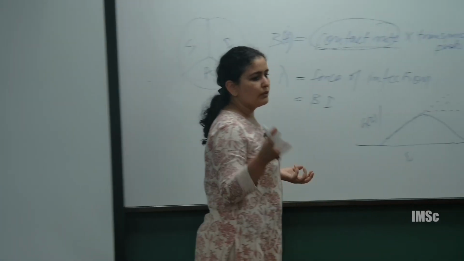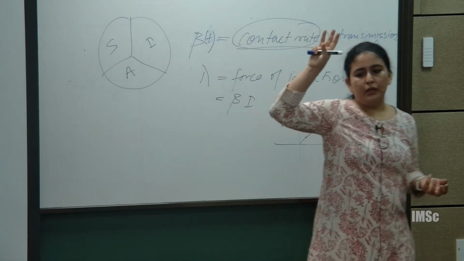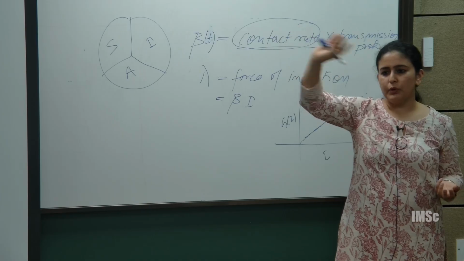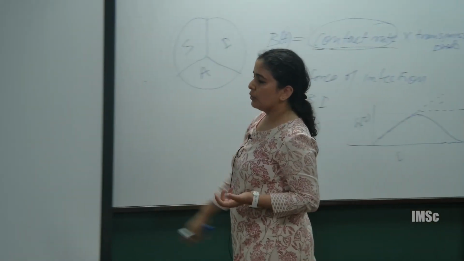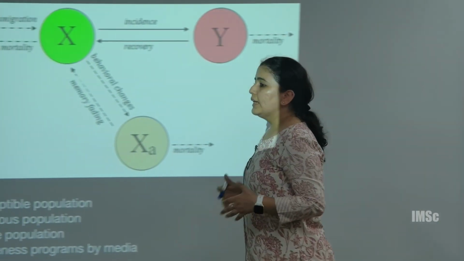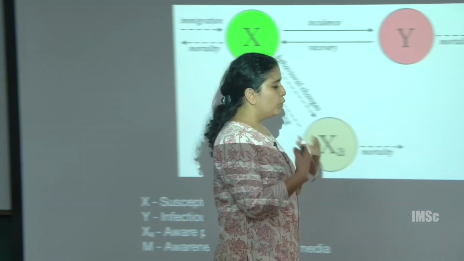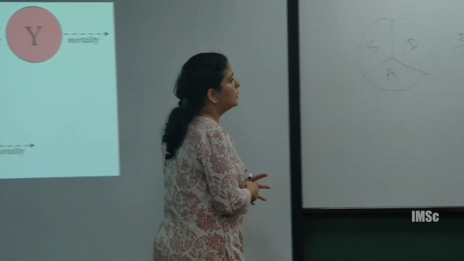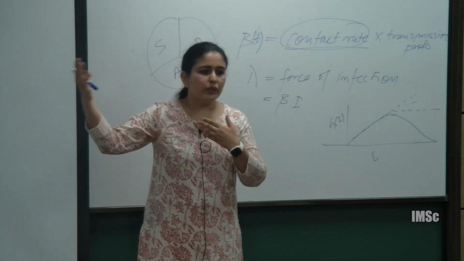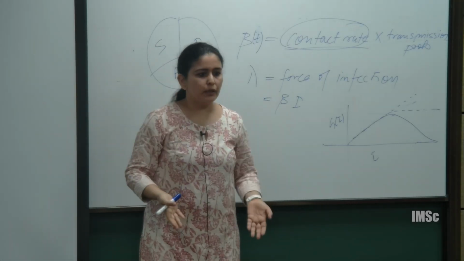Let's say the source of information is media campaigns or media programs, the amount of news, etc., that we get on the television. That itself is changing with respect to time according to the number of cases, because more mass media will focus on a particular disease if there are more cases, and if there are not, then the media campaign also goes down.